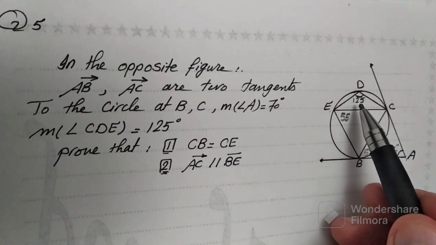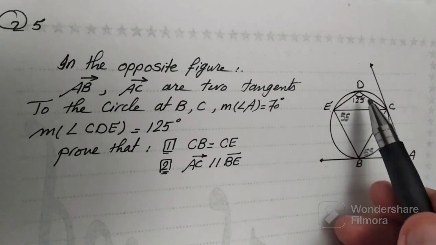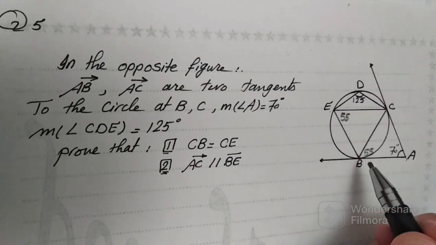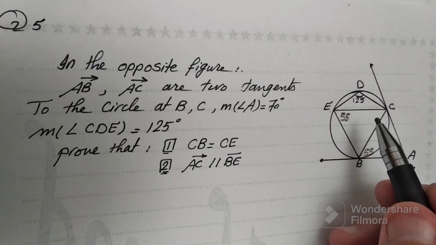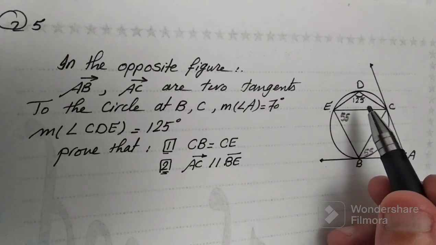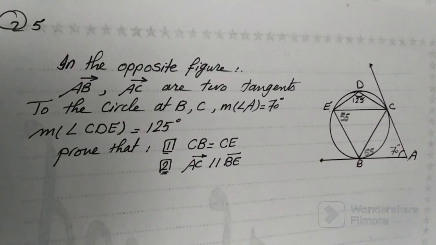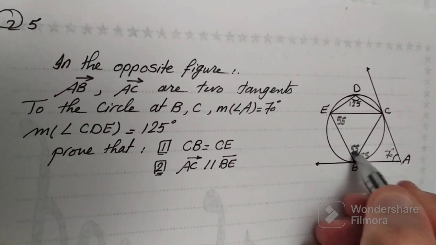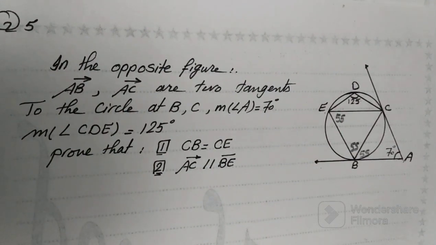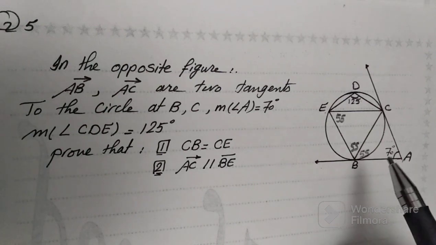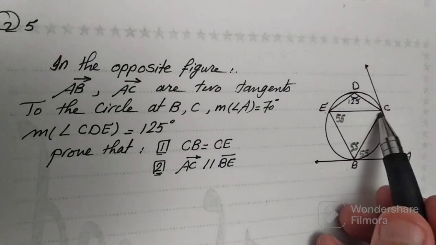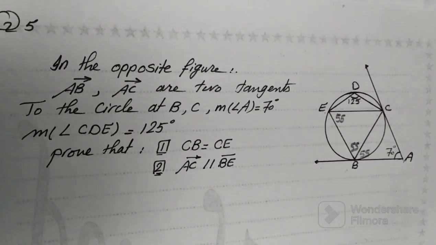Since the measure of angle D equals 125, therefore the measure of angle B is supplementary to it. So the measure of angle B equals 180 minus 125 equals 55. Okay. Since the measure of angle CBE equals the measure of angle CEB, therefore CB equals CE. This is the first required.